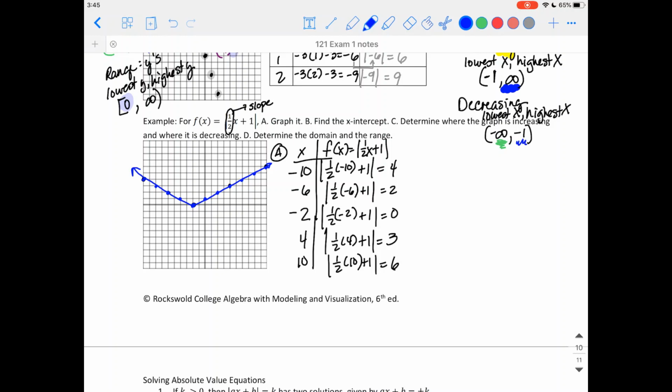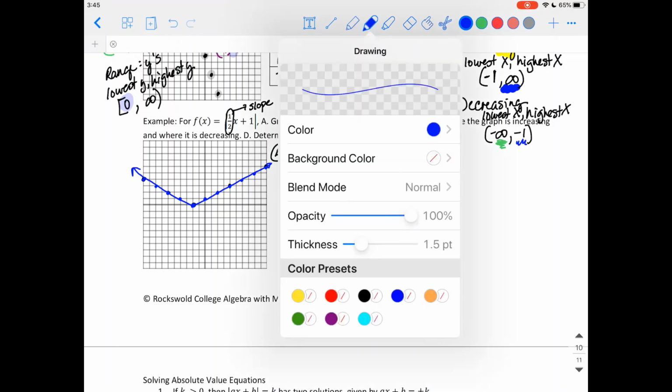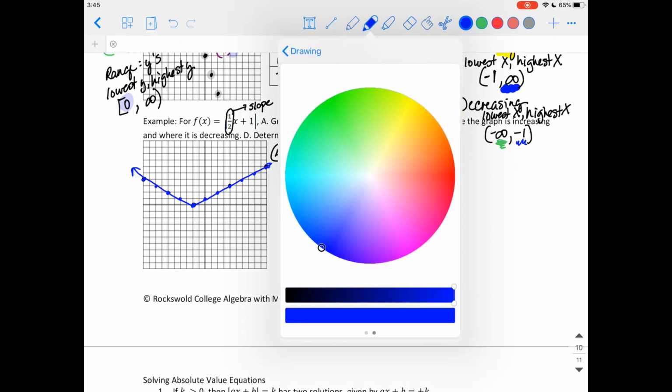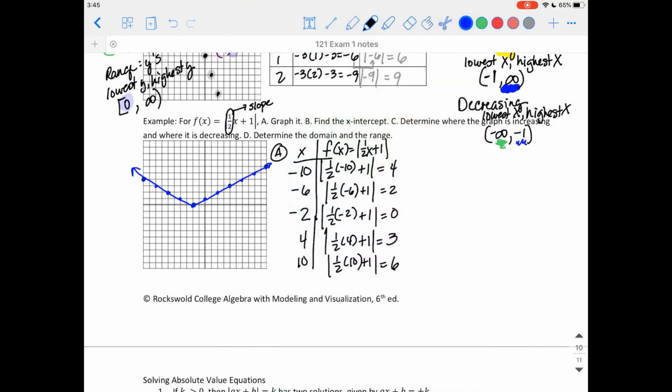So those of you that are wanting to make tables and not use a graphing utility, just make sure that you get enough x values so that you're able to see the actual V. If you just continue going on one side and you just end up with a line, that is not an absolute value graph. So just heads up.